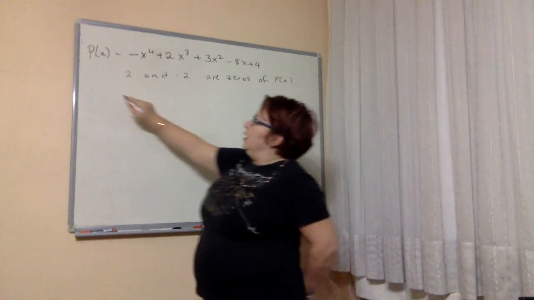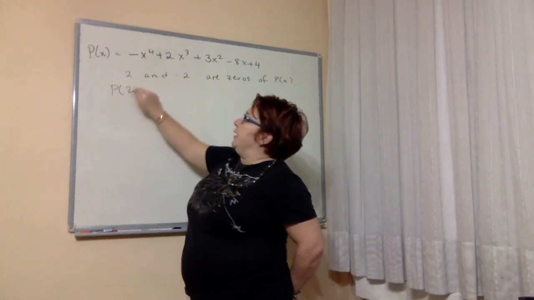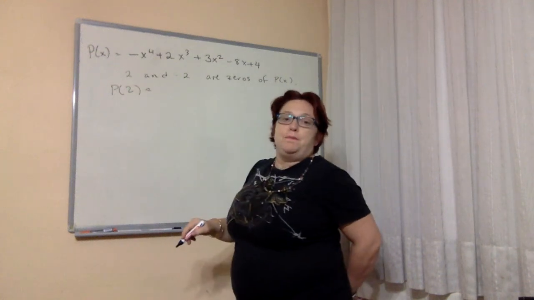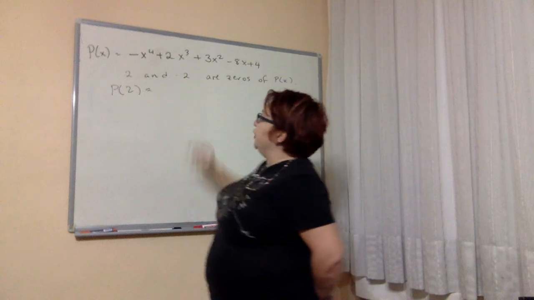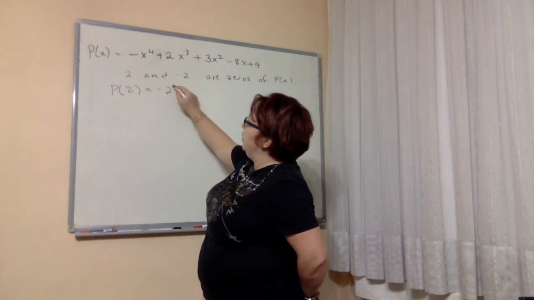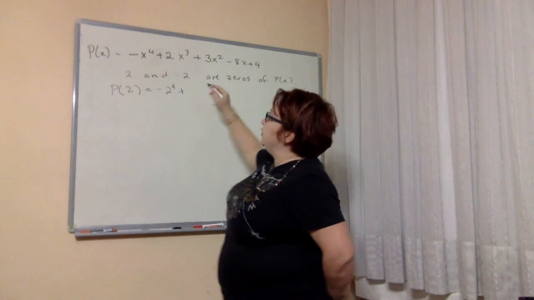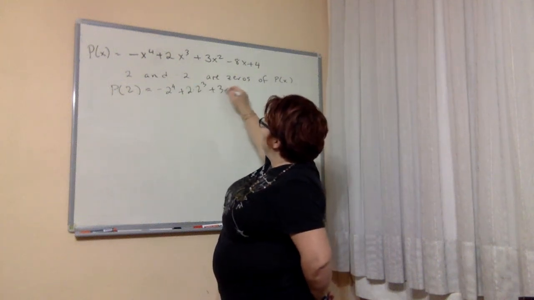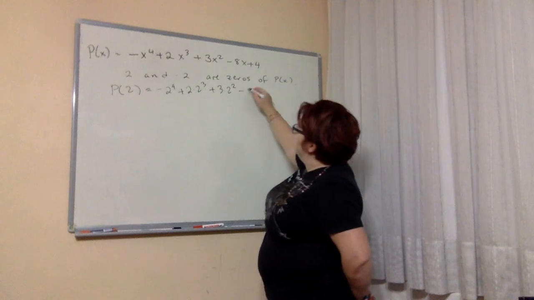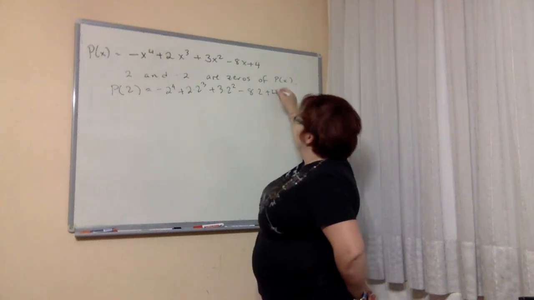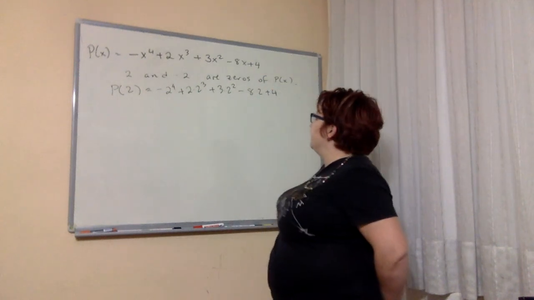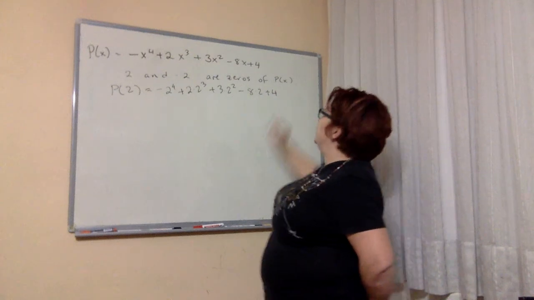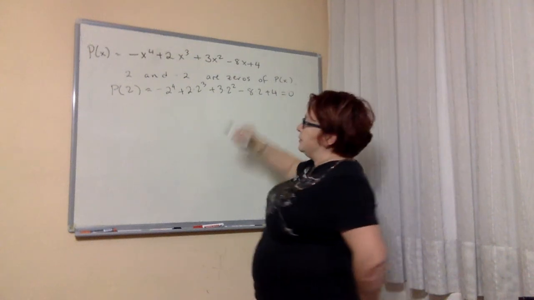Now, what that means is when we plug in 2 for x, we should get a 0. So we take negative 2 to the fourth plus 2 times 2 cubed plus 3 times 2 squared minus 8 times 2 plus 4. And we want that to equal 0, which it indeed does.